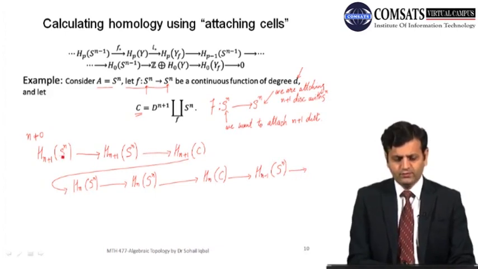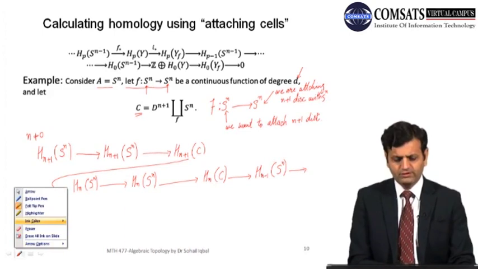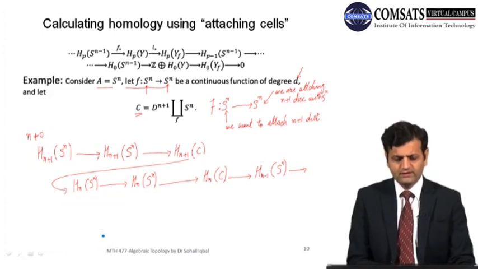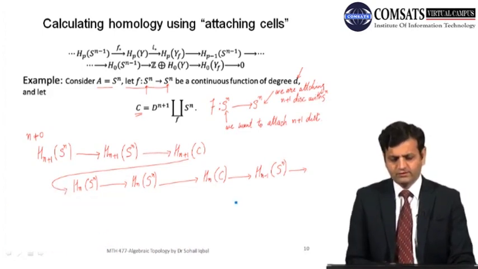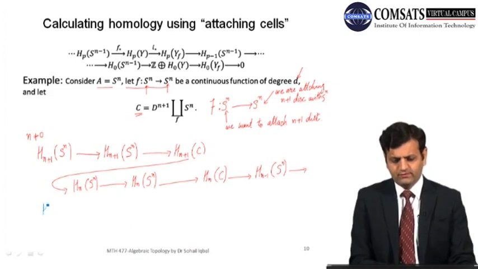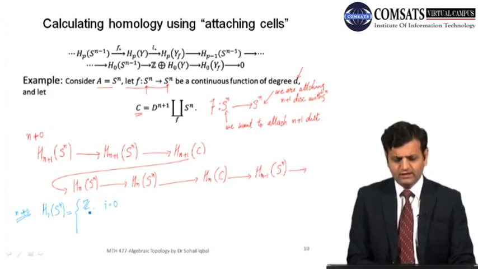So we know the homology of a sphere. According to our previous discussions, H i of Sn is equal to Z if i is equal to 0. Of course we are considering n not equal to 0, because when n is equal to 0 it is not path connected.